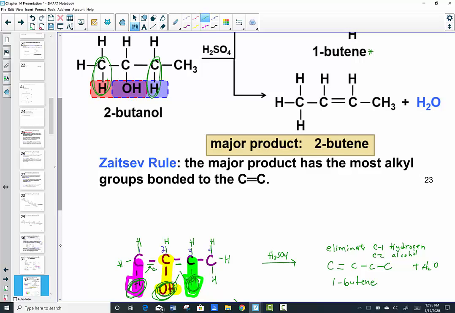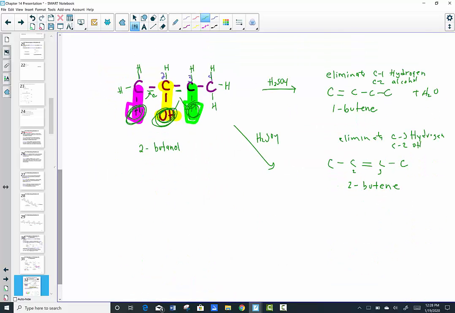Let's put that into better picture here. 1-butene. When I think about what's bonded to 1-butene, I have a C, double bond C, and this is how it came out, 1-butene. 2-butene placed the double bond between carbon 2 and carbon 3, and so the branches looked like this.